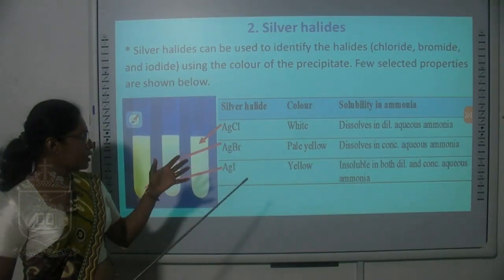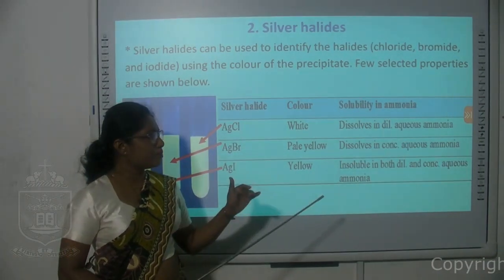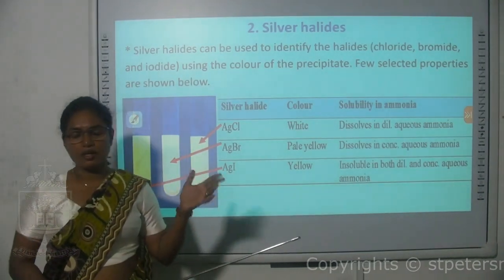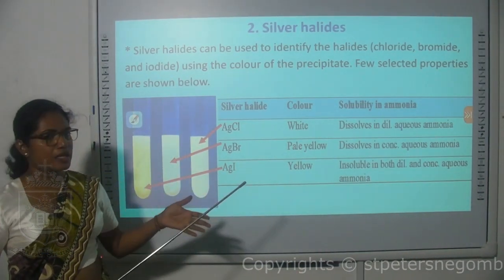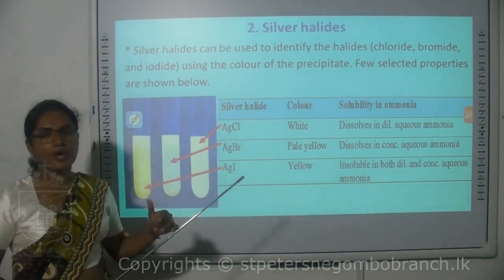So by using these precipitates and dissolving them in ammonia solution, we can identify these ions, whether it is chloride, bromide or iodide.